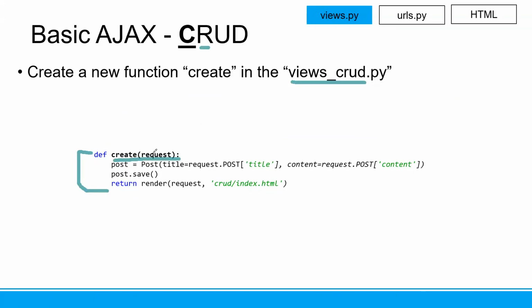And in this create, I would like to make two data. The first data, I took it from the post. So the first data will be the title, and the second data will be the content.